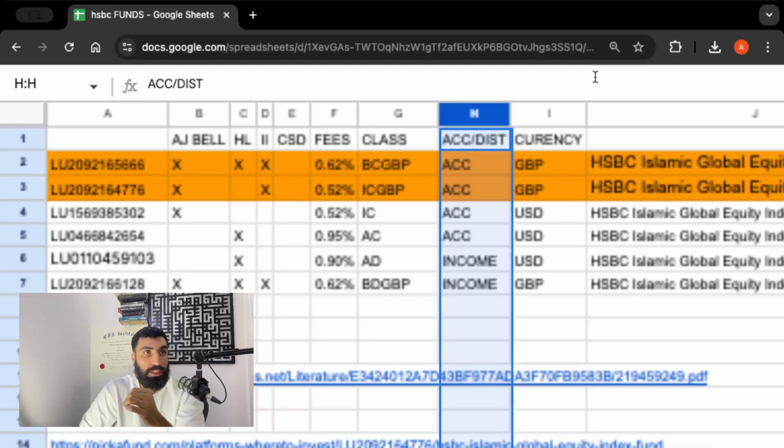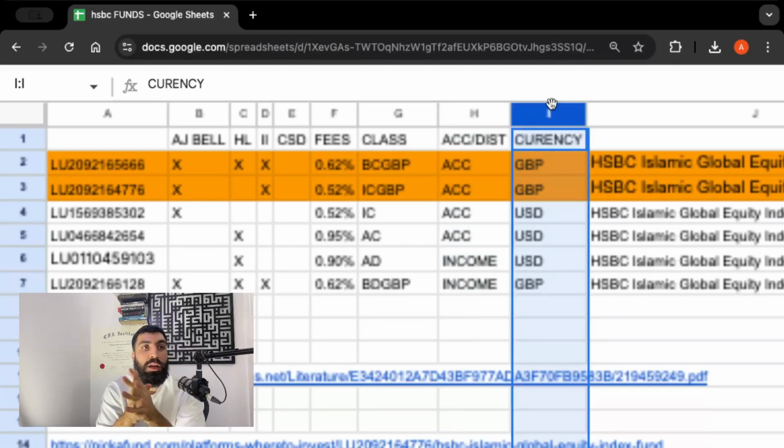Now, as for the currency, some of the versions of this fund are in sterling and some of them are in US dollar. I'm not going to explain the reasons why for now, but I will just tell you there is going to be no material difference if you choose the sterling version or US dollar version of this fund, because the majority of the underlyings in this fund are based in dollars anyway.